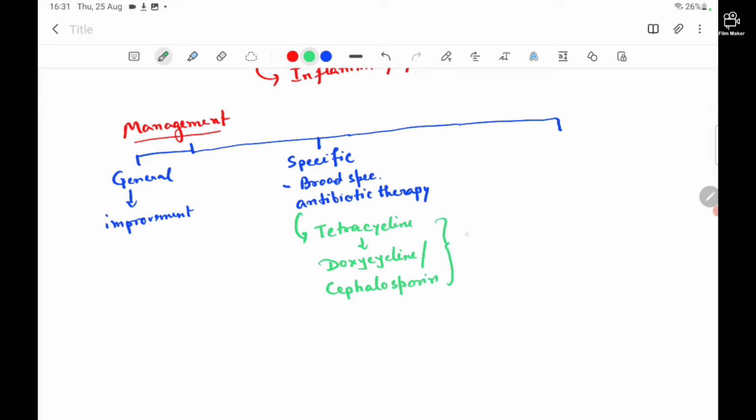And the duration is usually 3 weeks. And the last option is surgery, but this is done in a negligible number of cases, very few, very rare.